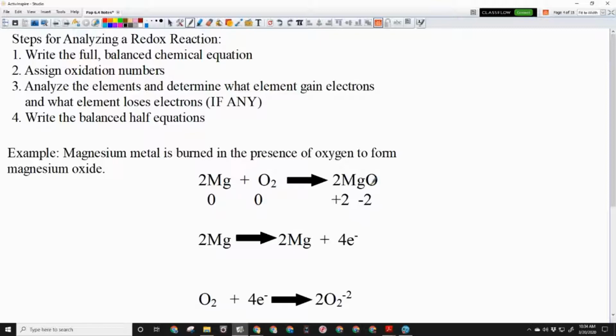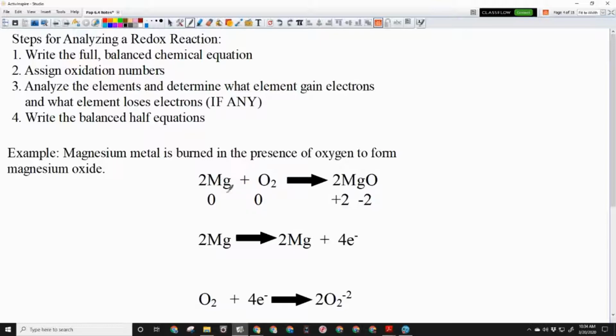So what we want to do is balance this first. This O2 requires us to put a 2 coefficient here so that we have 2 oxygens. So we have 2 magnesiums, so now we have to come over here and put a 2 in front of magnesium to have 2 magnesiums.